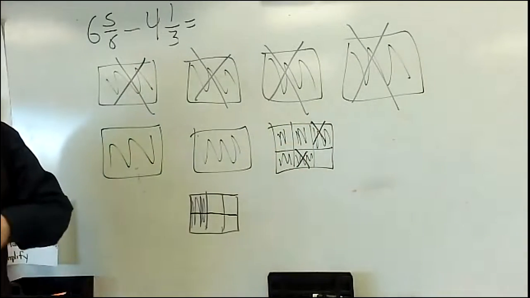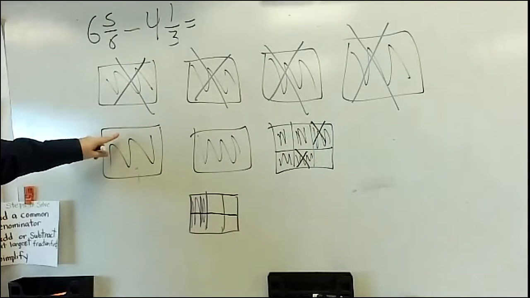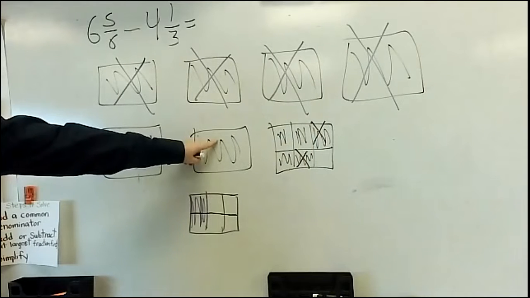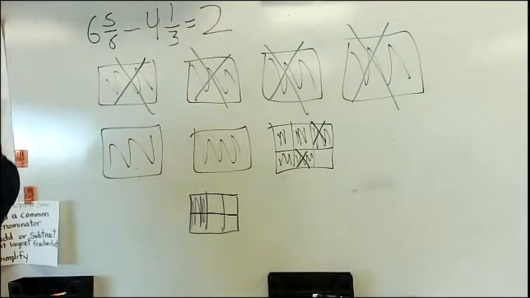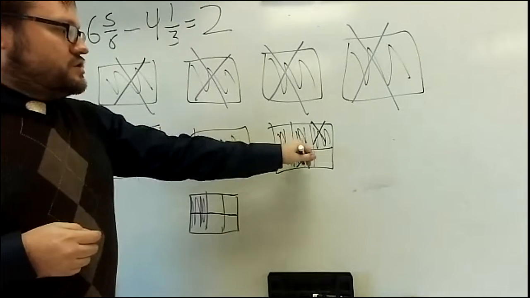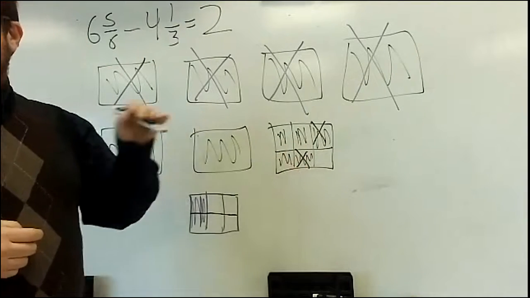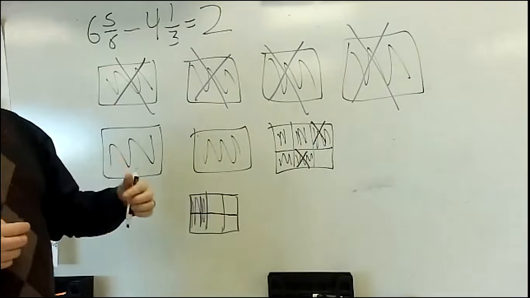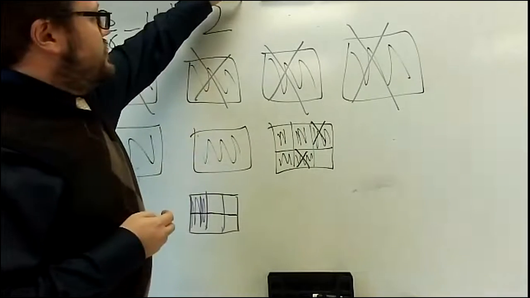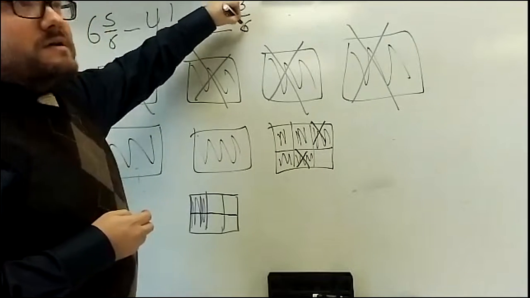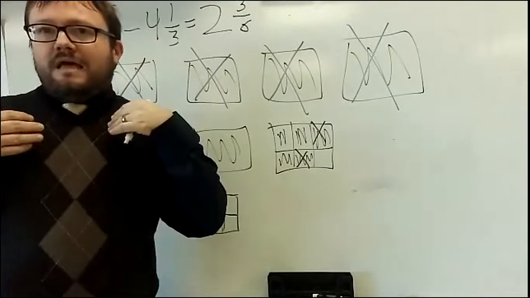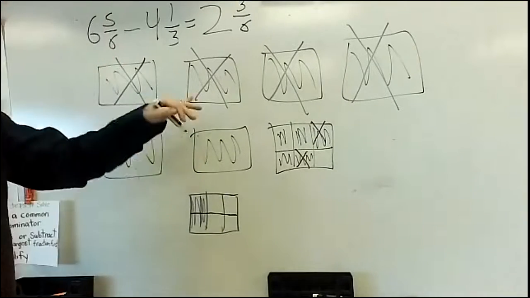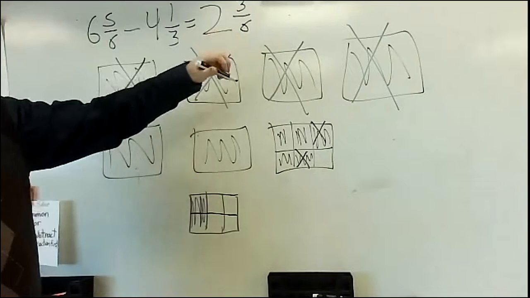Now I look to see what I have left. 1 whole, 2 wholes. Gives me 2 wholes. Now I have 1, 2, 3 sixths that are uncrossed out. So I have 3/6. All right. So now what I have to do is determine if this is a reduced answer.